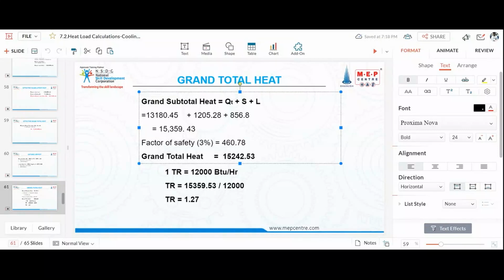15359.43 plus 460.78, which is 15703.31.